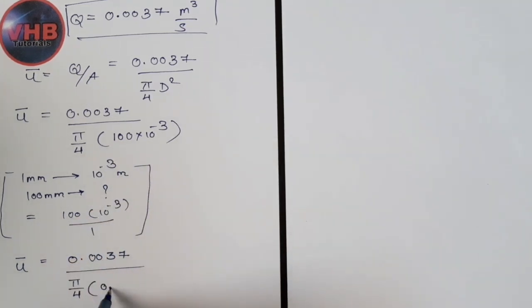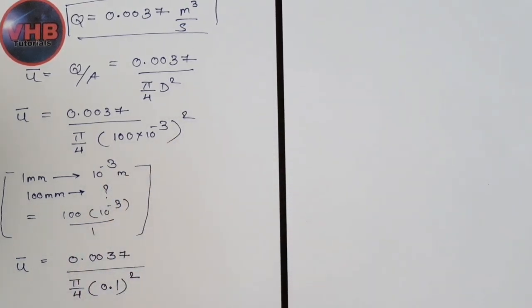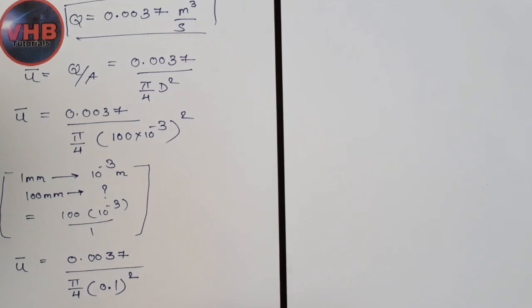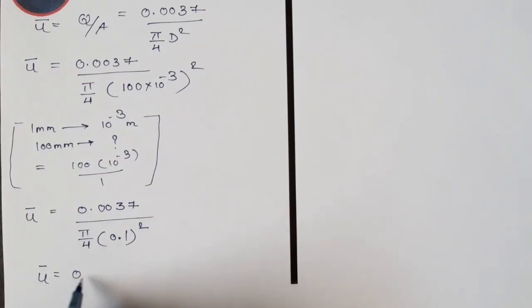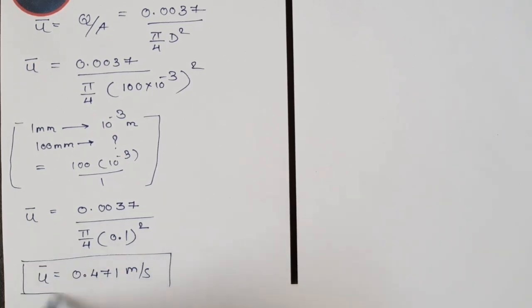So it will be 0.1 square. When you calculate this equation, you will get U bar equals 0.471 meter per second. So we get the average velocity.